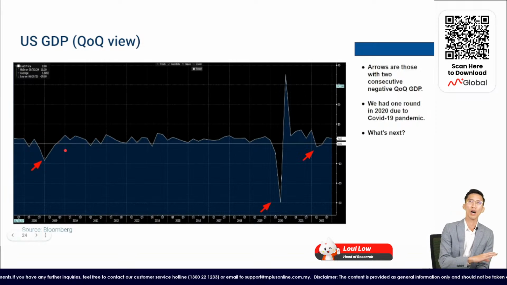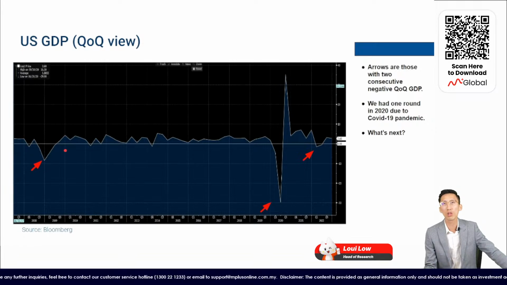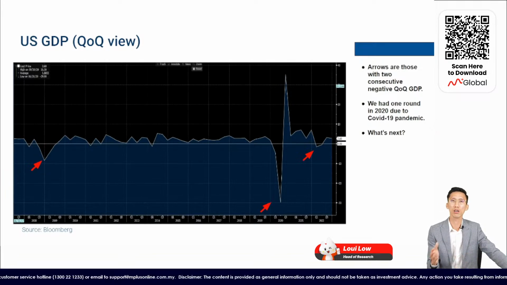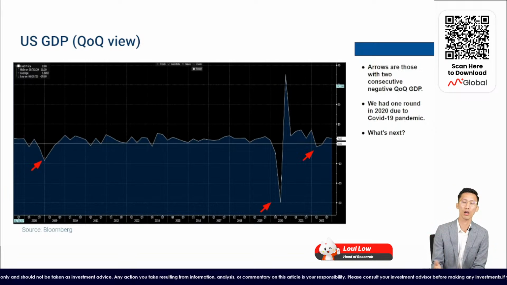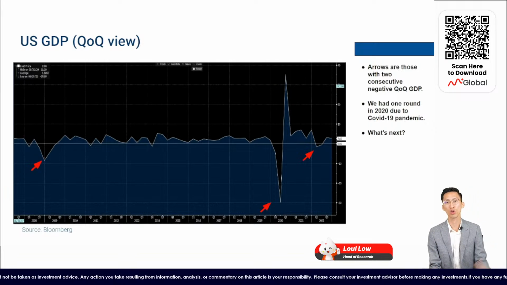I've charted about 20 years of GDP as compared to the inverted yield curve position. It actually has some 60 to 70% success rate, whereby once we are in the inverted yield curve position, there is a very, very good chance that within the next 6 to 12 to 18 months, the market or the economic activities can go into a contraction mode.